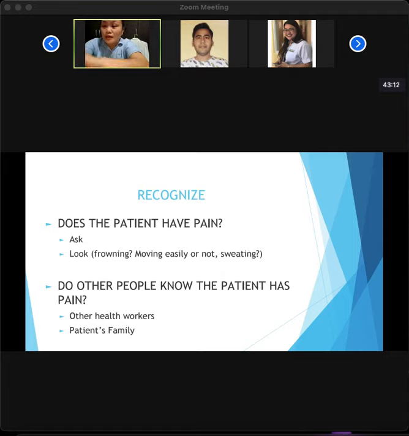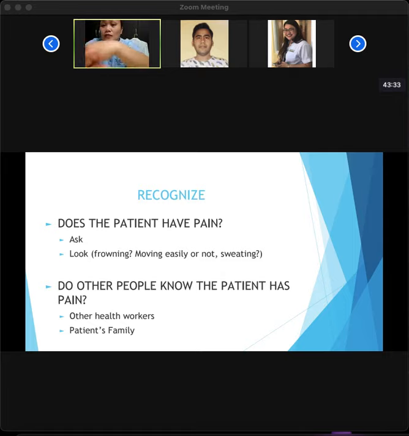That's why they are hiding it. Then you have to look for the signs of pain. Okay? Look for any signs of frowning, if the patient is not moving easily, or if the patient is sweating.